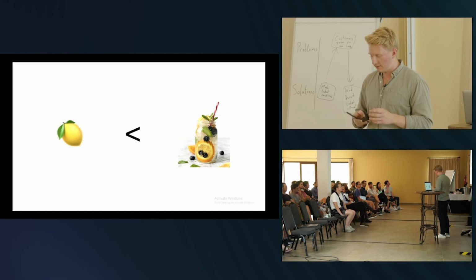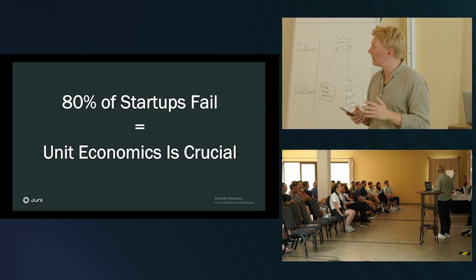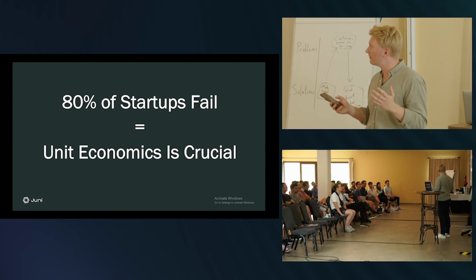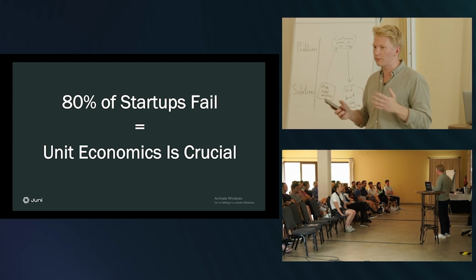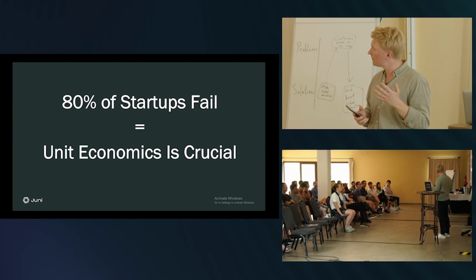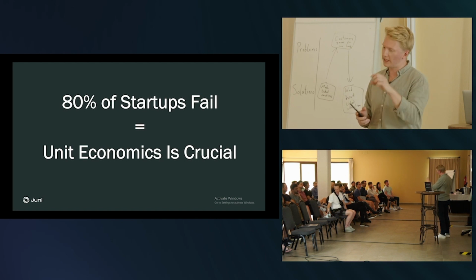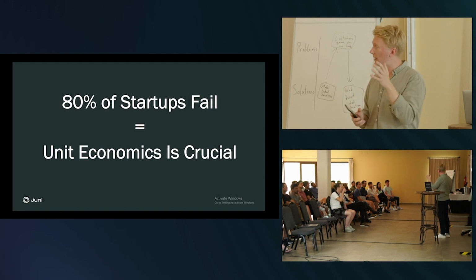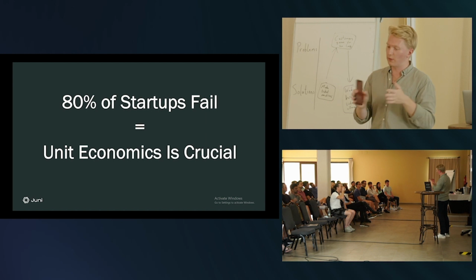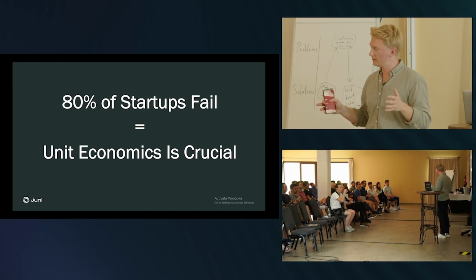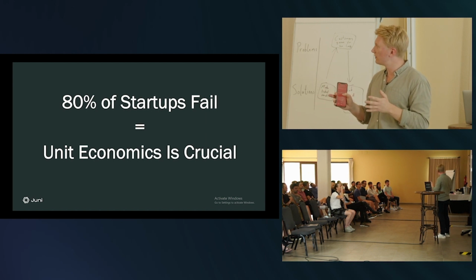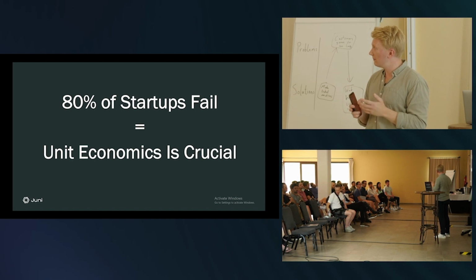And what happens in that case is that a vast majority of startups fail. And a prime reason for that is because they don't get their unit economics right. Because if we don't make a profit on that lemonade, it doesn't matter whether we're selling one lemonade or 1,000 lemonades. You basically can't scale if you're not making a profit per unit.